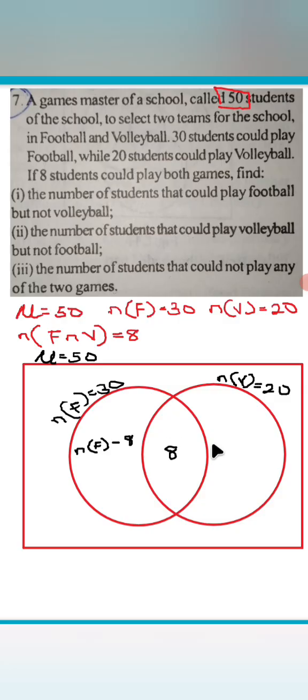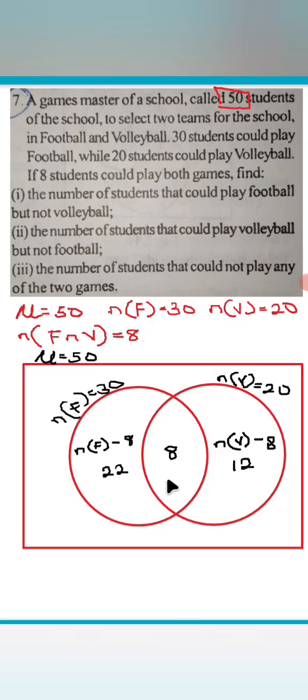And inside here too, I'll have number of volleyball, 20 minus 8 rather. So 30 minus 8 will give me 22, right? And here, 20 minus 8 will give me 12. So I have 12 here.